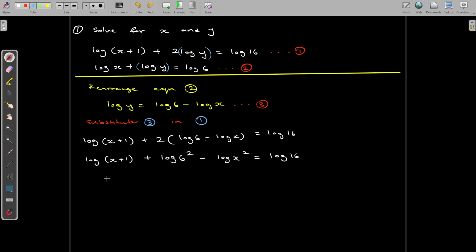So this will be the same thing as log x plus 1 times 36, because that's what 6 squared is. And that's being divided by x squared due to the subtraction that we have right there. So this is log, and that's equal to log 16.